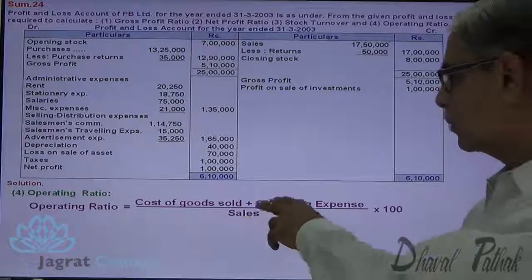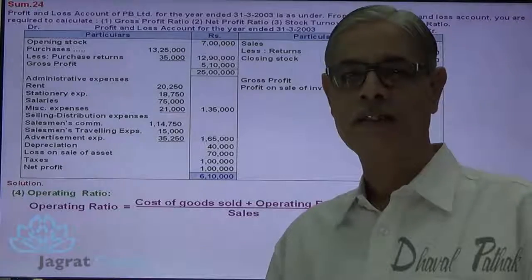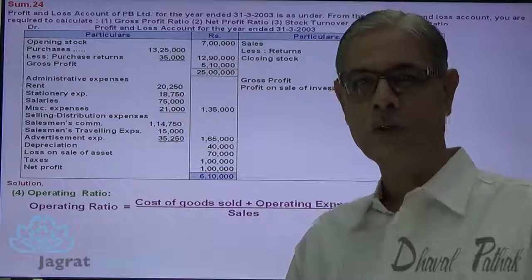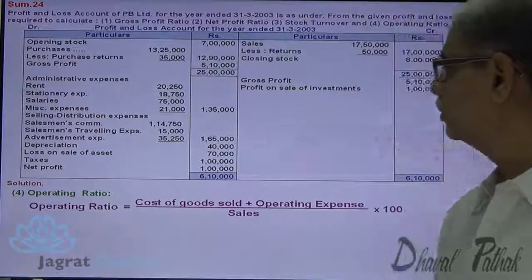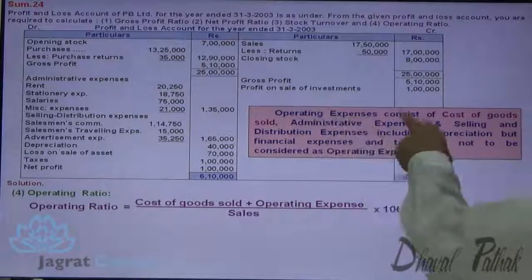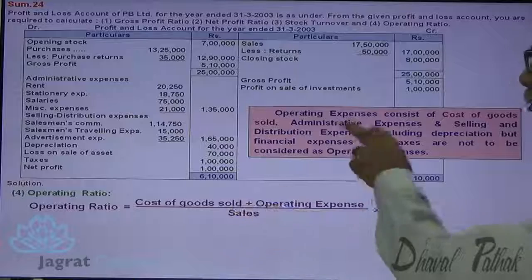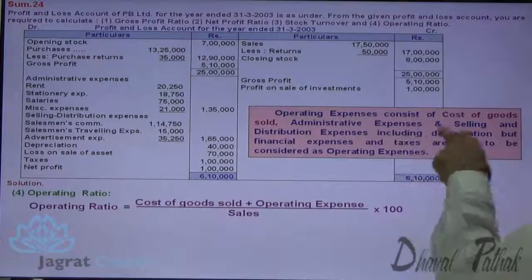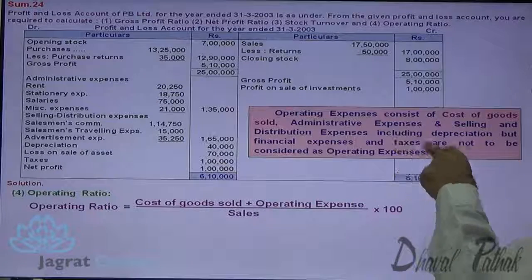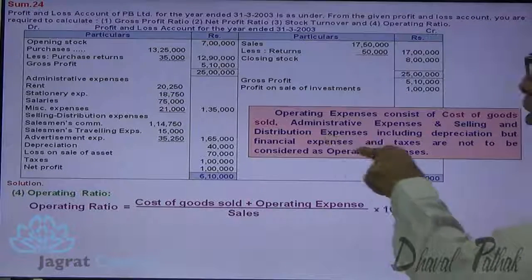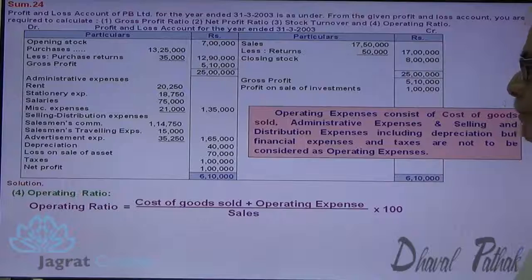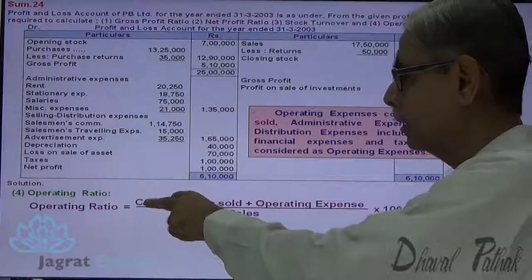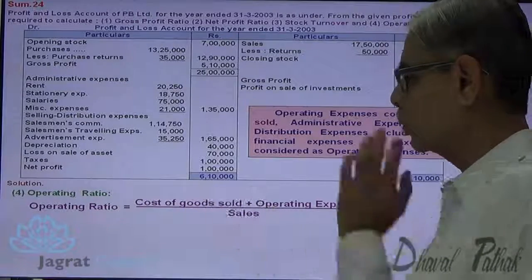Now here, operating expenses to be considered is an important point to be noticed. So look at this note. Operating expense consists of cost of goods sold, administrative expenses, selling and distribution expenses including depreciation, but financial expenses and taxes are not to be considered in operating expenses.